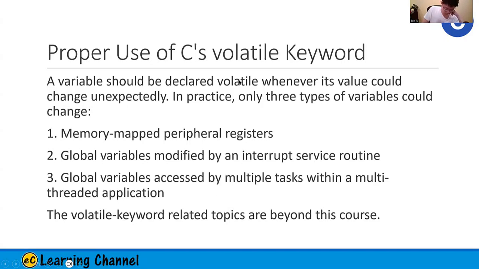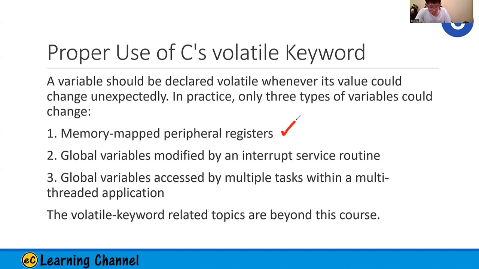So proper use of C volatile keyword is actually sometimes memory mapped peripheral registers. This one happens only when you write some program for some embedded system or some driver. So your printer, something that needs to directly write to certain memory, then you need to make it volatile. You directly write to the variable, something like that, okay?